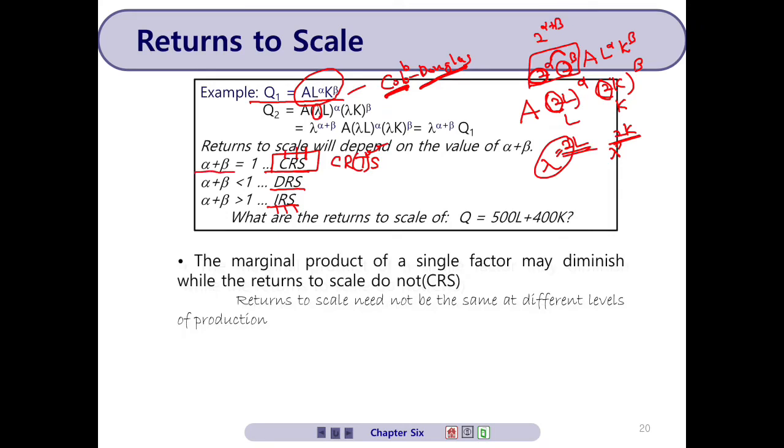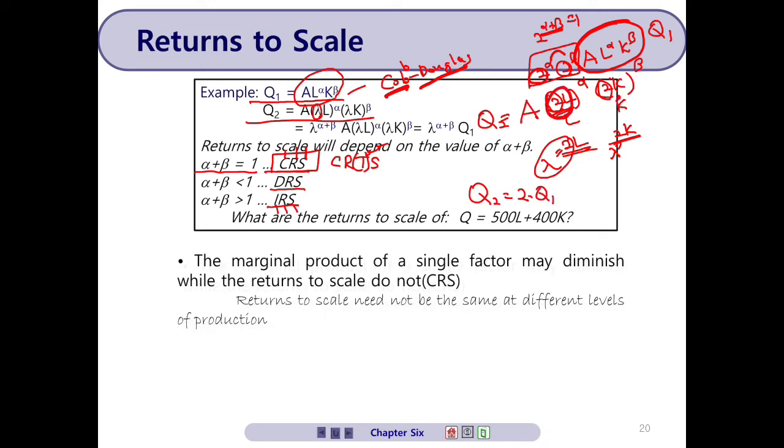And if alpha plus beta becomes 1, and this one will fit for Q1, the original one, and after we double, this is Q2, right? So if alpha plus beta becomes 1, Q2 will become 2 times Q1.